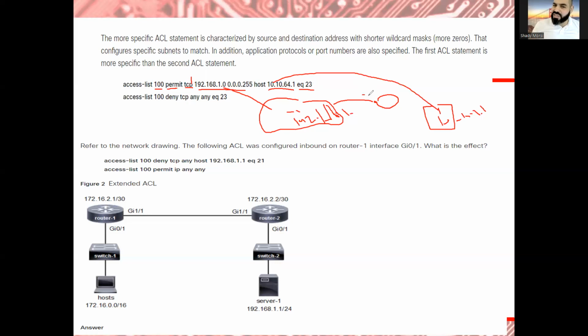When the traffic reaches here, it will allow the traffic to reach the destination. So the telnet will reach the destination.